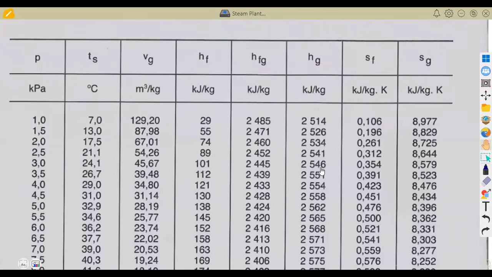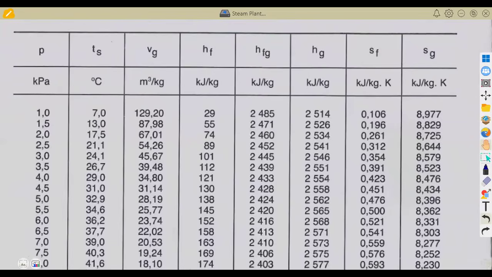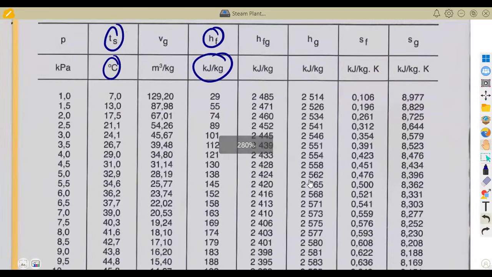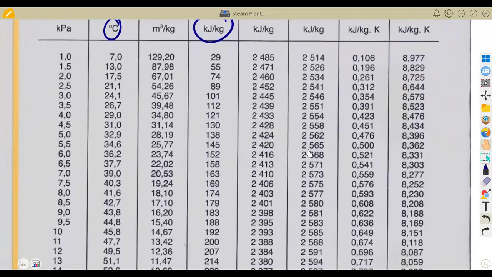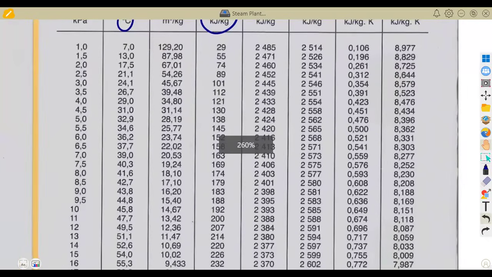If we consider our saturation temperatures in degrees Celsius, we need Hf, which is in kilojoules per kilogram. So let us go to the temperature of 54 under Hf. So this is 54 here. Sorry, this is the 54, this one.